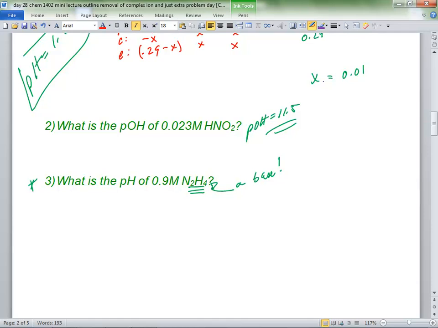Anybody get an answer for 3? 3.2, 8.3. I would buy this answer because it's a base. So if you get an acidic answer, you did something wrong. All right, because they're after pH, and it's a base. You said 3.2 or something. Oh, 8.2. 11. A lot of folks are getting 11. 11.1.